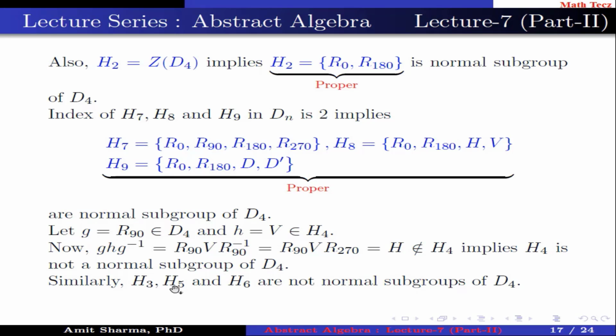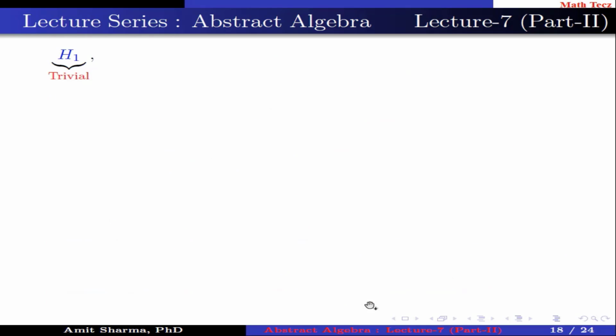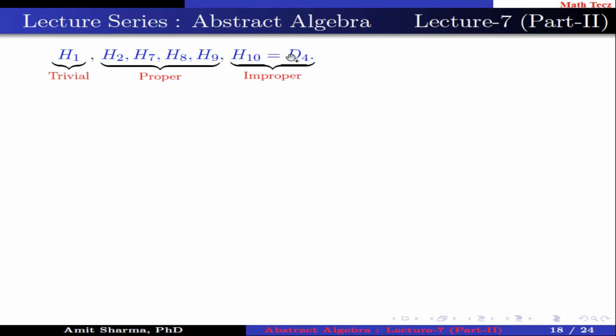Similarly, H3, H5 and H6 are not normal subgroups of D4. Hence, D4 has 6 normal subgroups, namely H1, which is trivial, H2, H7, H8, H9, which are proper, and H10, which is equal to D4, which is an improper normal subgroup.